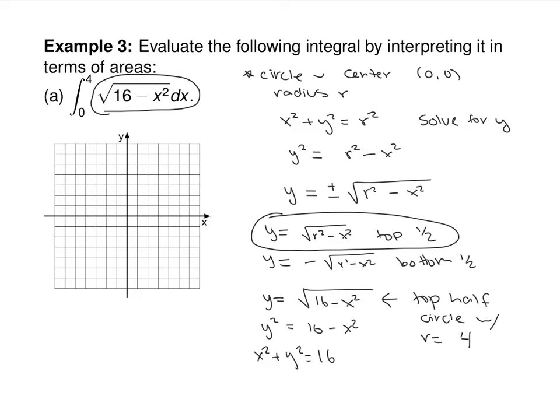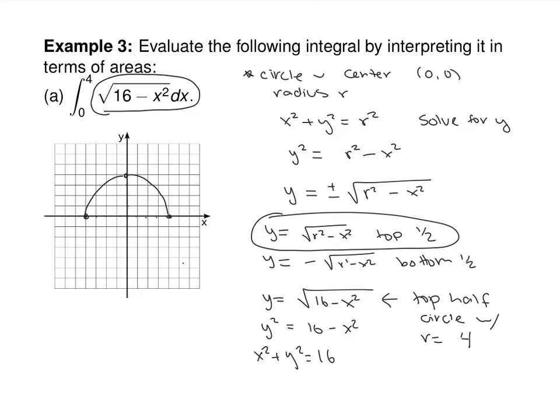So 1, 2, 3, 4, top half of a circle. So a semicircle, right? When you see a root like that, you should recognize this is a semicircle. You're going to have to know that, and that's probably going to be the hardest thing from these area problems.